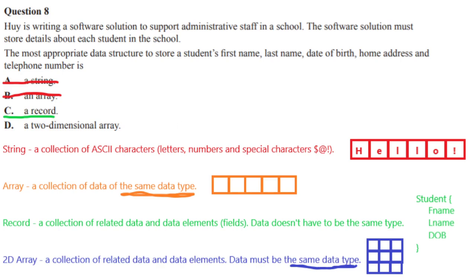And we'll just go through the last one as well, a two-dimensional array, a 2D array. These do have room to store our student's first name, so we could store a student's first name here. So just do F for first name in here, whole bunch of first names, and it has room to store last names.